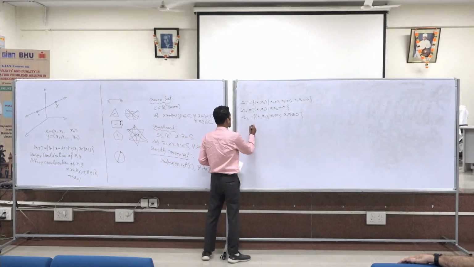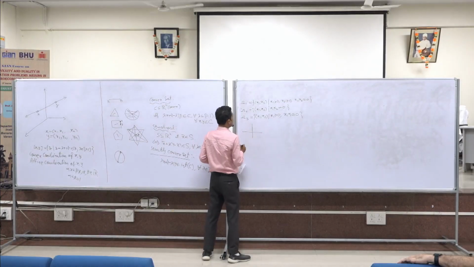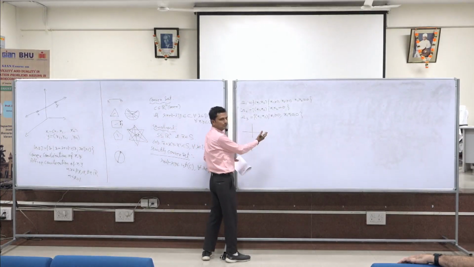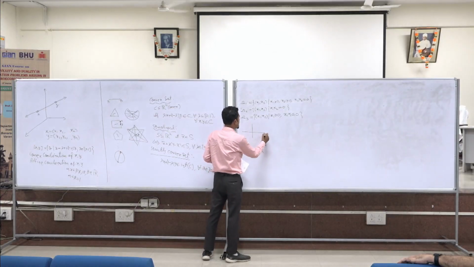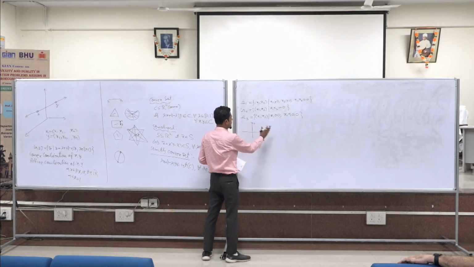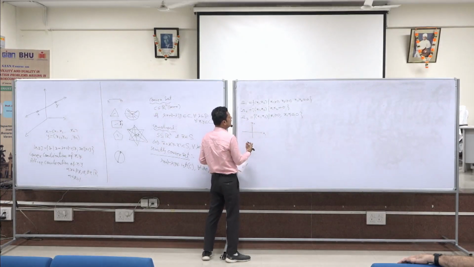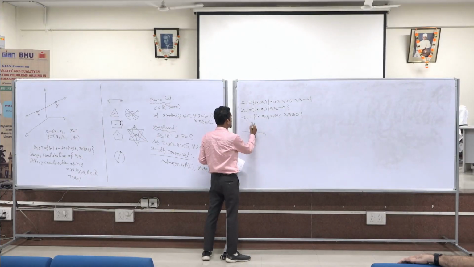So these are three sets, and you may try to find the feasible region of these sets. So this omega 1: x1 is greater than or equal to 0, x2 is greater than or equal to 0, and then we have x1 x2 equal to 0. So we have these two lines only, right?